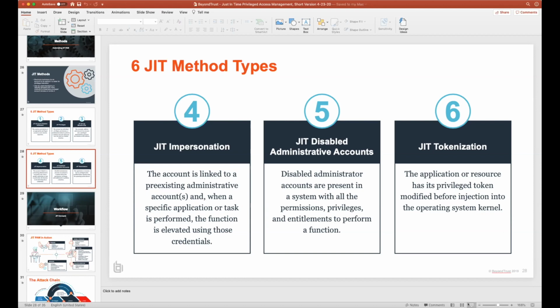Now, from a BeyondTrust standpoint, three solution sets that all work in just-in-time. Privileged access management in the form of privileged password management, the ability to store, rotate, check in, check out credentials, apply them to your workflow, do it for everything from service accounts to automation and DevOps. Endpoint privilege management is the removal of admin rights across Windows, Mac, Unix, Linux, network devices, using these just-in-time concepts so no one ever needs admin rights to perform a task.